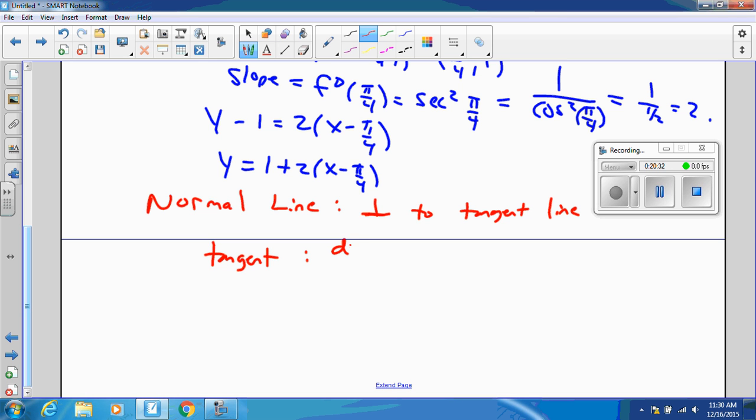So if the slope of the tangent is dy dx at x equals c, then the slope of the normal line would be the slope needed to make it perpendicular, which is what? Negative 1 over f prime. Negative 1 over dy dx.